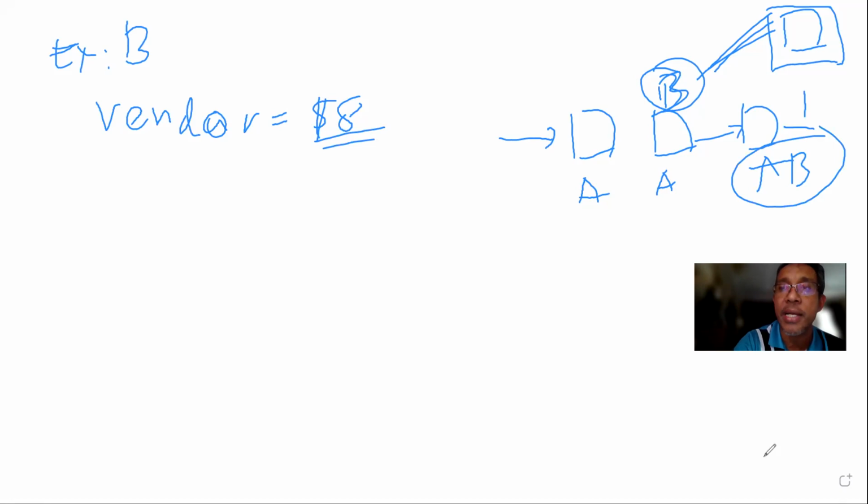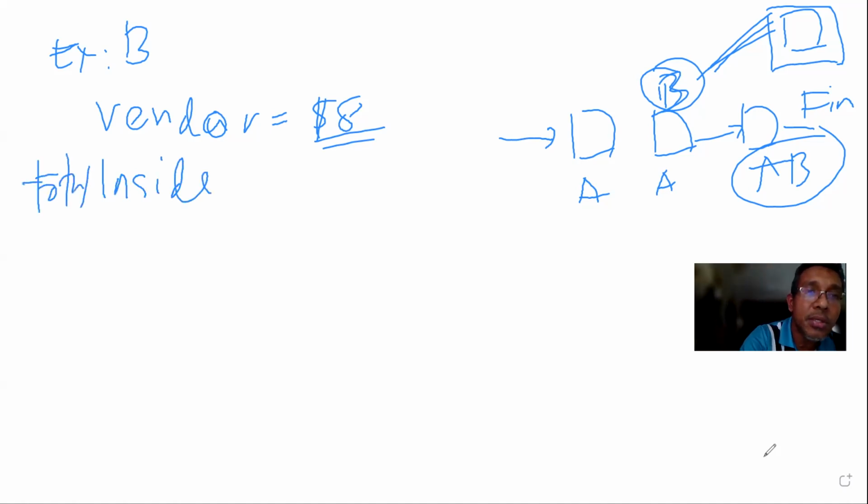And then you do a calculation inside, and the total cost is $9 to fabricate this part.